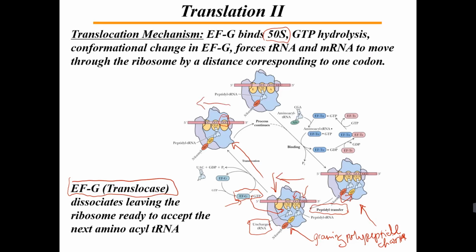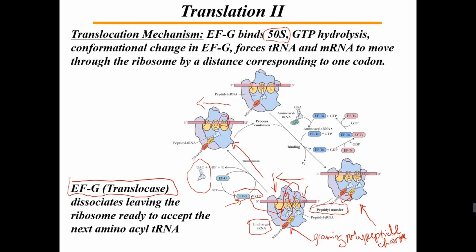So again, remember the mRNA must move by a distance of 3 nucleotides, so the next codon is positioned in the A site to interact with the incoming aminoacyl tRNA. And at the same time, the deacylated tRNA, so this one here, that's lost its amino acid, then exits or moves out of the P site into the E site on the 30S. And the peptidyl tRNA moves out of the A site into the P site. So then we'll have movement of this over here.